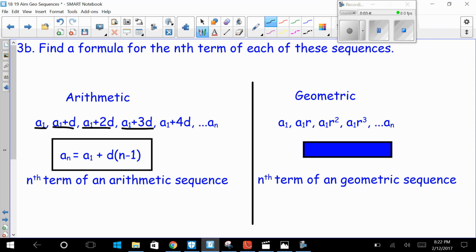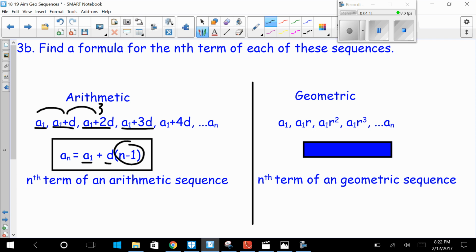If you're looking for the third term, how many times did you add d? Twice, once from here to here and once from here to here.